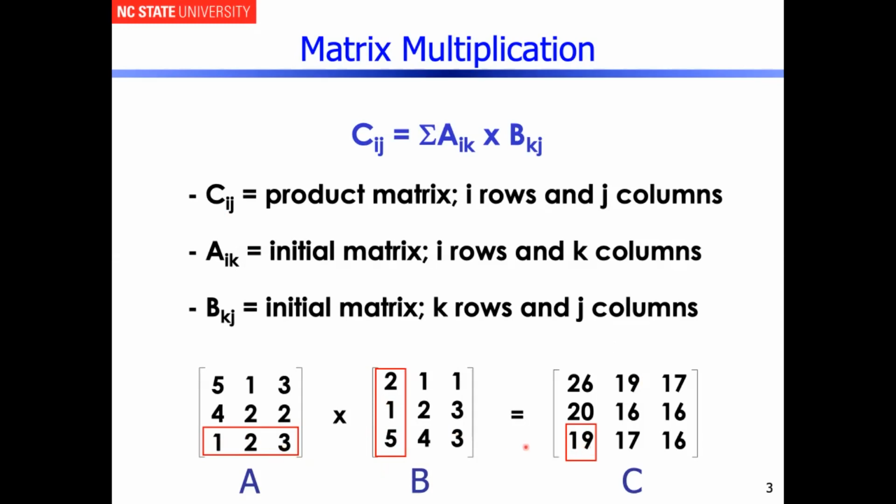That adds up to 19. And that gives you the dot product for multiplying row 3 in matrix A by column 1 in matrix B, and that gives you the position here of effectively the third row, first column entry. And it's as simple as that, really. There's no tricks to this. You just have to remember to multiply rows in the first matrix by the columns in the second.